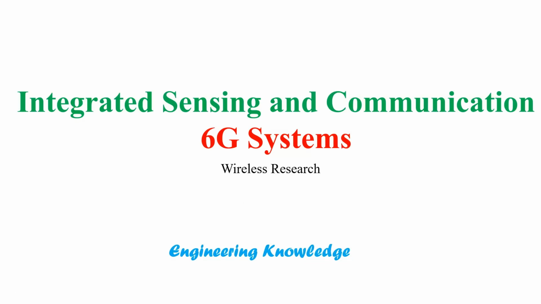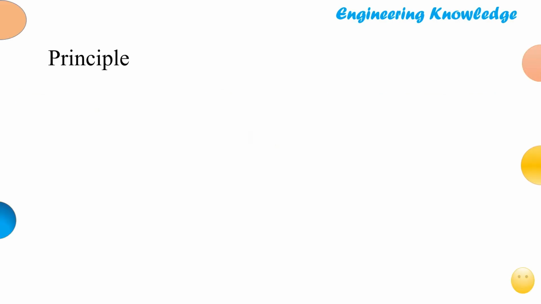In this lecture, we will introduce the concept of integrated sensing and communications, which is very beneficial for 6G systems. For high data rate and low latency systems, the basic problem that we are facing right now in the wireless communication sector is that there are fewer frequency spectrums available.